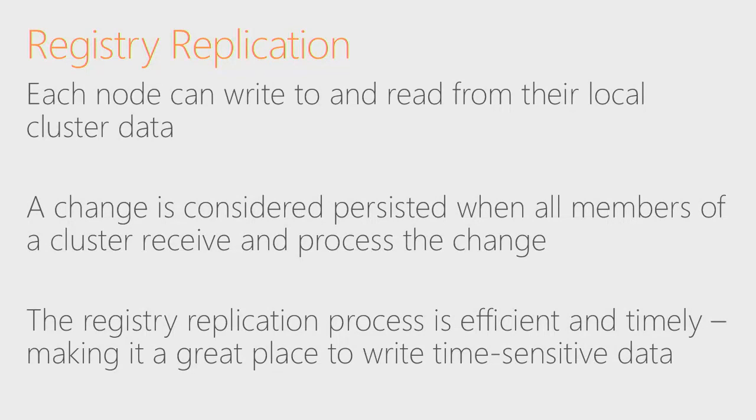For every database that exists in the DAG, there is a registry key that is created in the cluster hive that's associated with that database. The GUID that you see here of the name is actually the GUID of that database. So if you were to do a Get-MailboxDatabase and you looked at its object GUID, that object GUID is going to correspond with this GUID entry here.